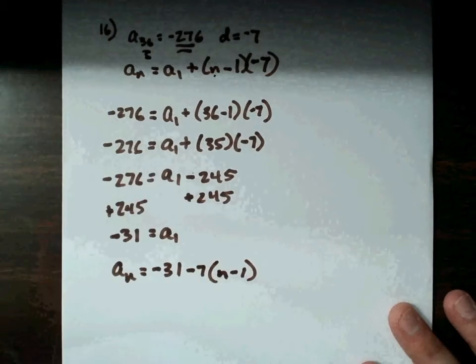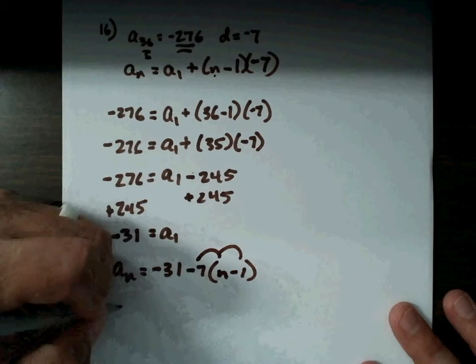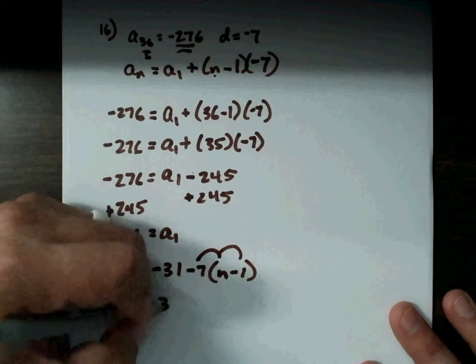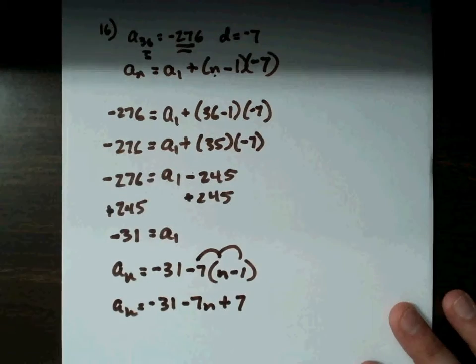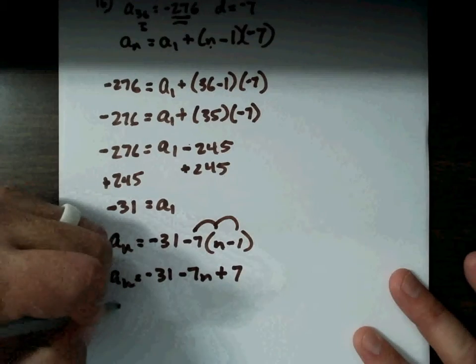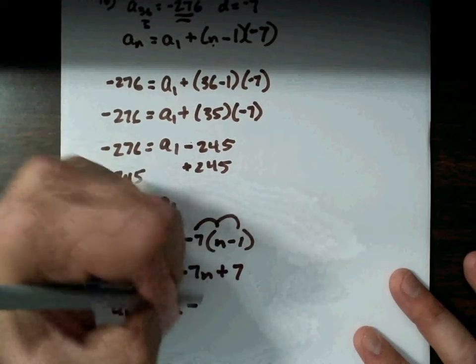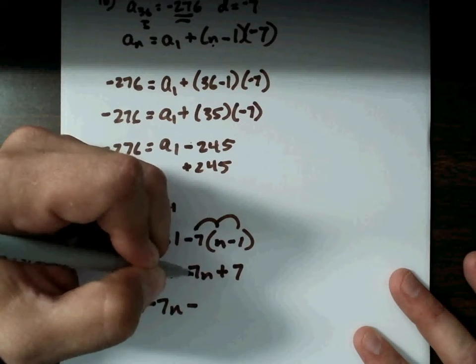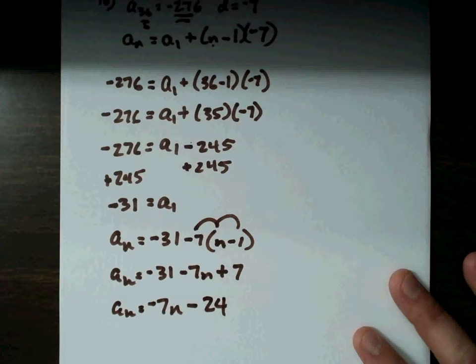Now, if I simplified it, I would distribute the 7. Gives me that right there. Combine my like terms. Was it 24? Is that correct?